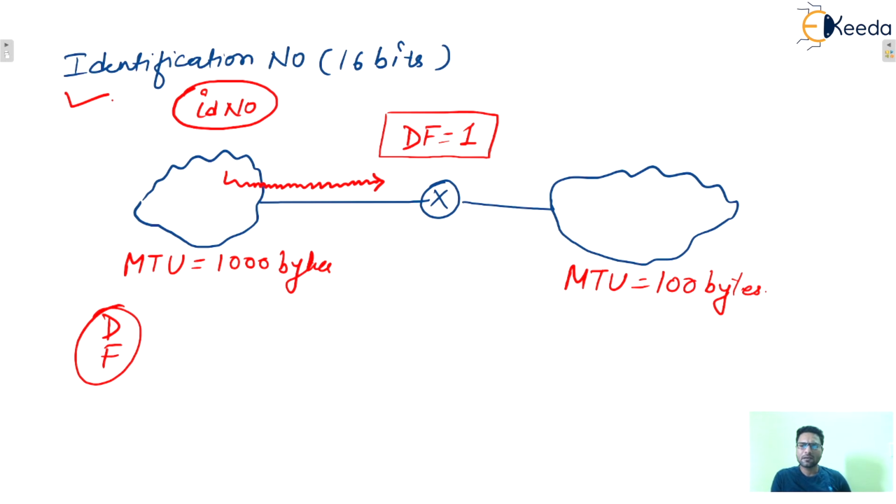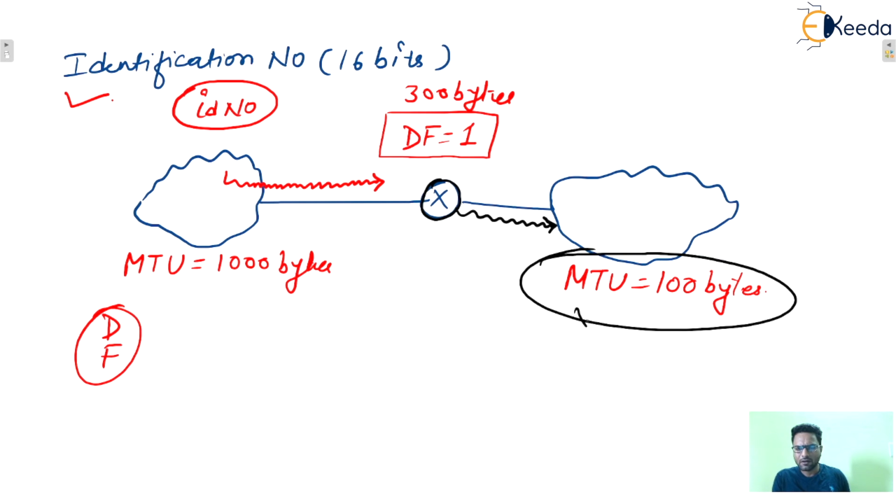Why? Listen correctly, guys. Let's say this datagram is 300 bytes. Whenever this datagram comes to this router, the router will transmit it to this network, but this network's maximum transmission unit is 100 bytes. So these 300 bytes cannot be transmitted, and the router will see that the sender set the don't fragment bit equal to 1.